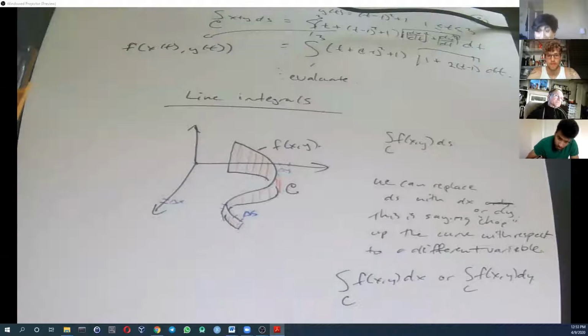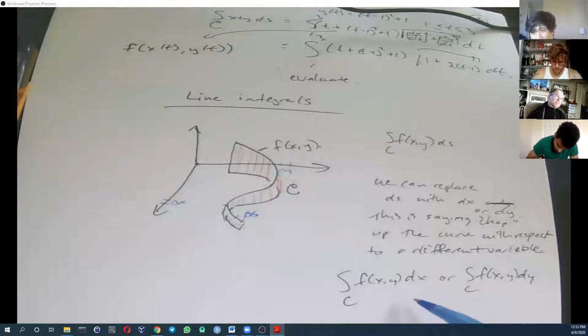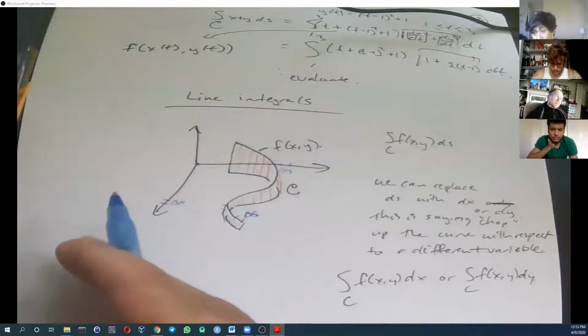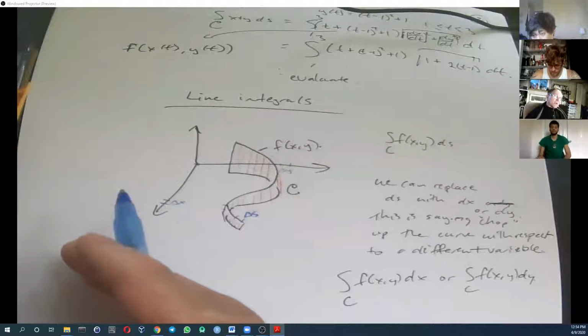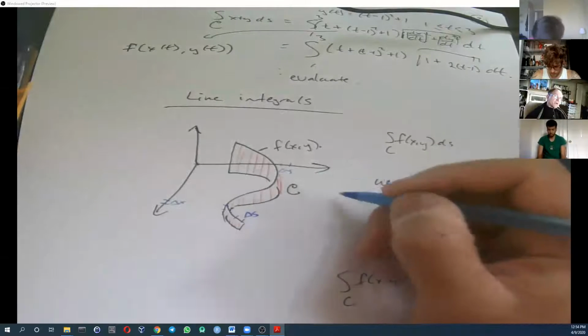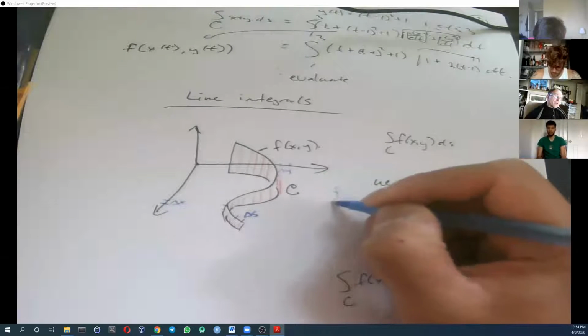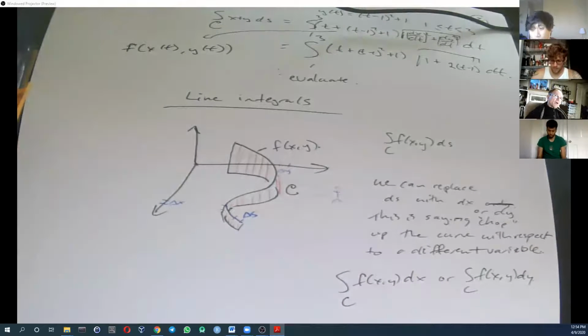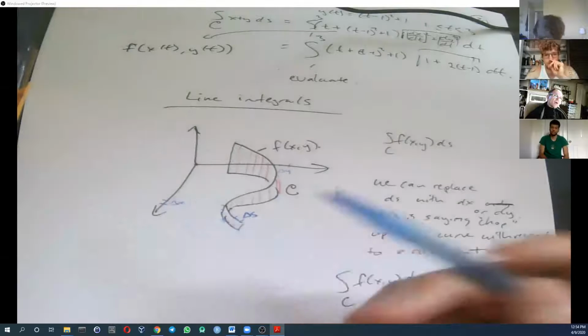So I can think of this integral as a projection of this object onto the x-axis. Imagine if I was standing right here and I shine a flashlight at this little wall thing. What outline would I get on the x-axis? I'd get something like this.